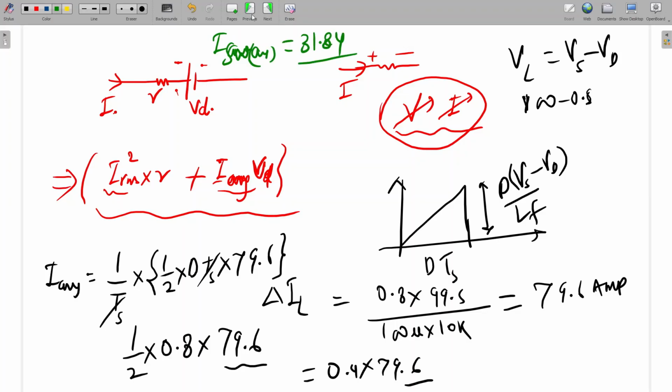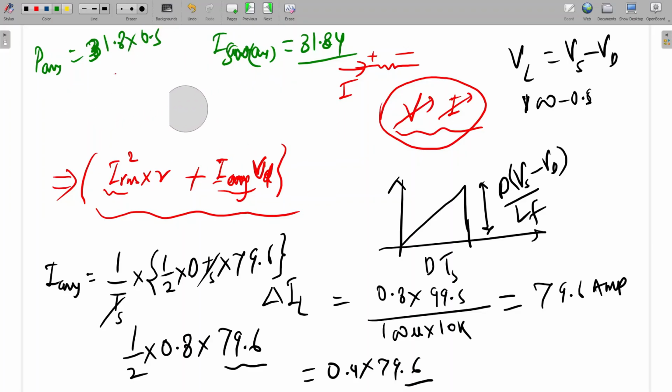If this value is multiplied with 0.5, that will be the power. P average will be 31.84 into 0.5. Not a square, because here the device drop is given and in the question resistance is not given.